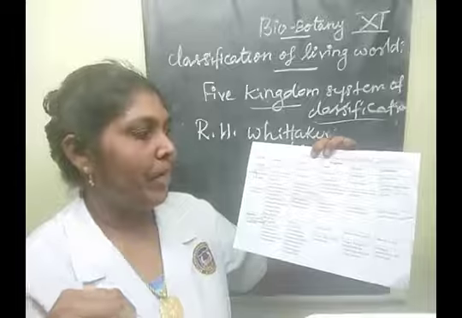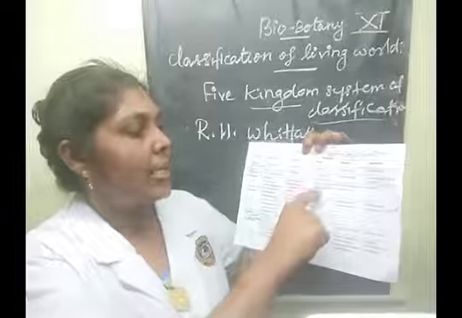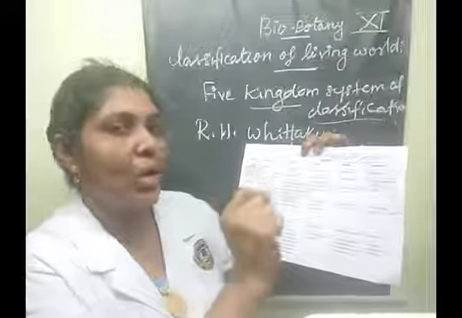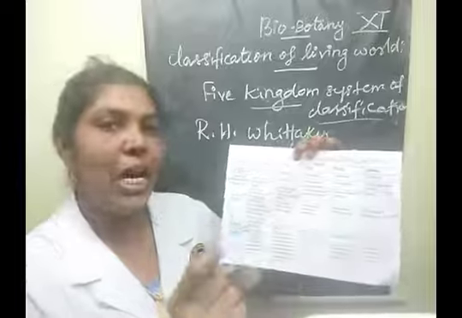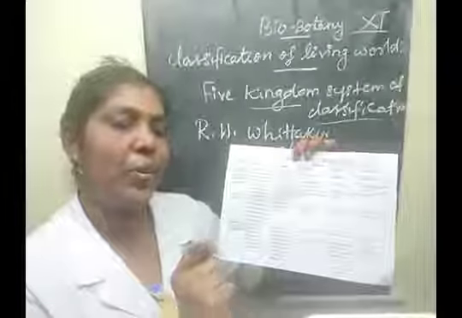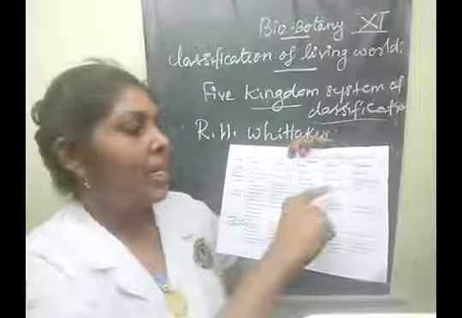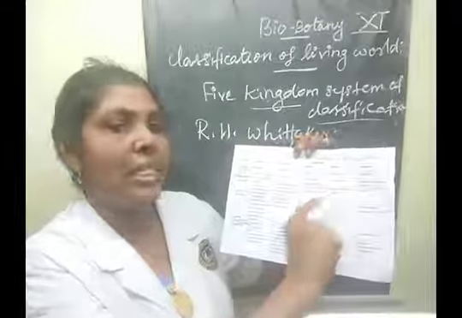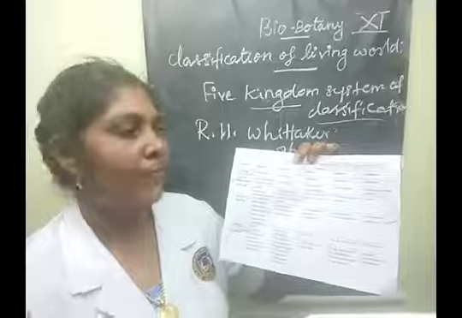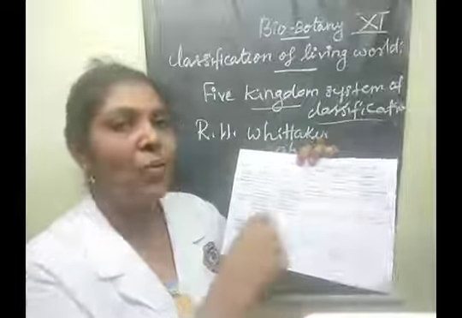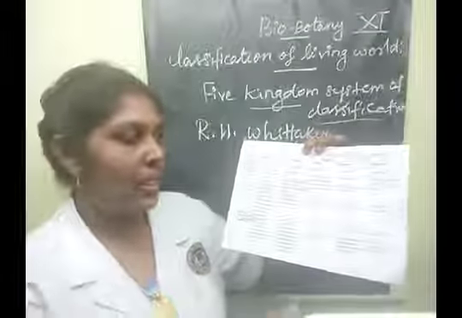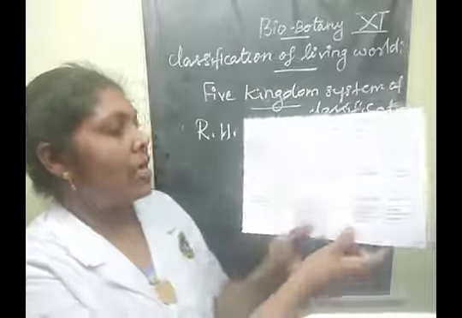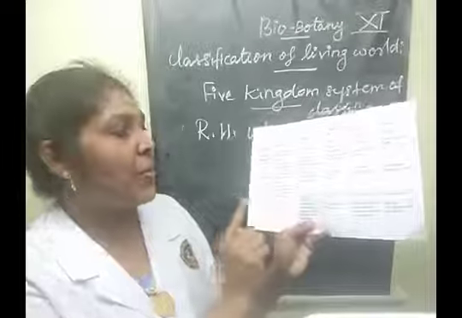Clear? Then fungal organisms, mostly the cell wall is made up of chitin or cellulose, mostly chitin only. Then the Plantae kingdom has cellulose. In the Animalia kingdom, the cell wall is totally absent. Understood, children? Yes.